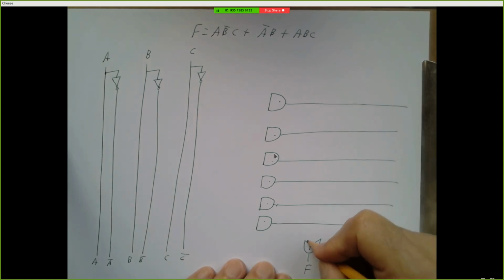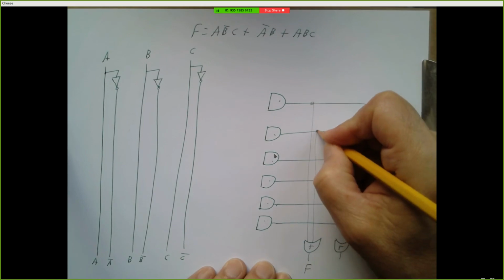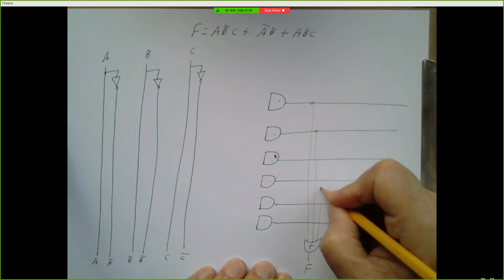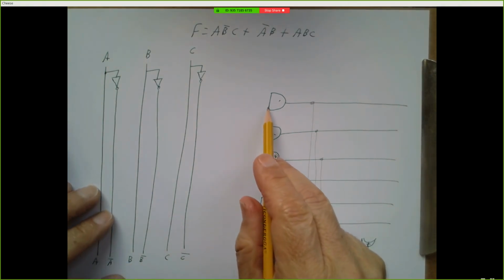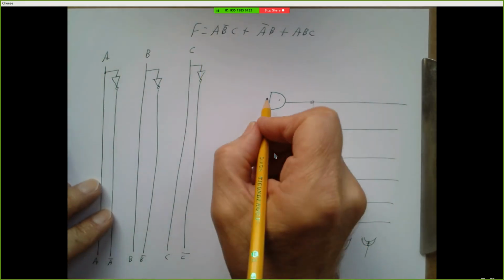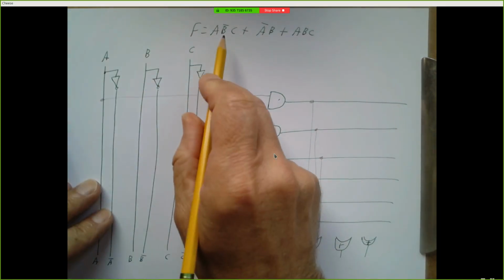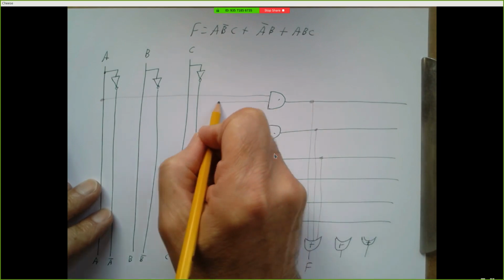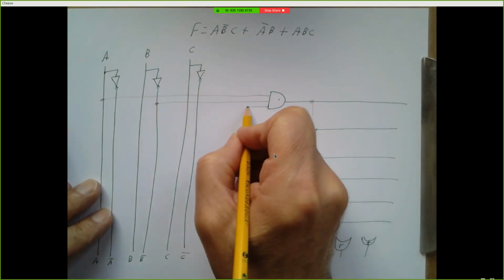Okay, so I'll take the output from this gate, and the output from this AND gate, and the output from this AND gate. Okay, what should the inputs to this first AND gate be? I want one of the inputs to be A. Okay, I'll draw a wire over to A. I want the next input to be B bar, so I'll draw a wire to there, and the last input to be C.